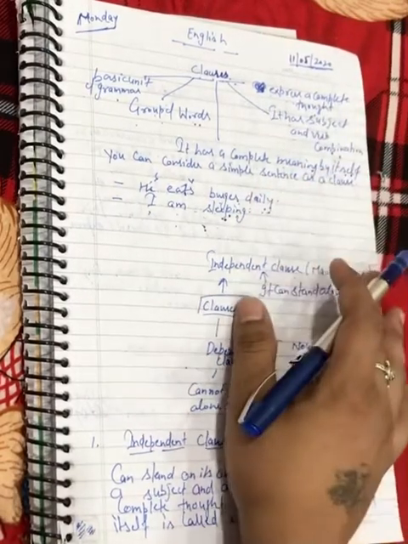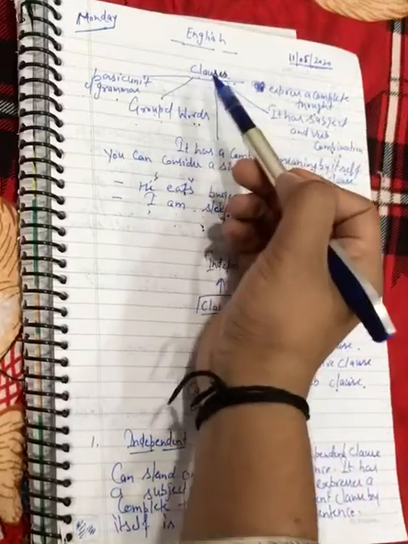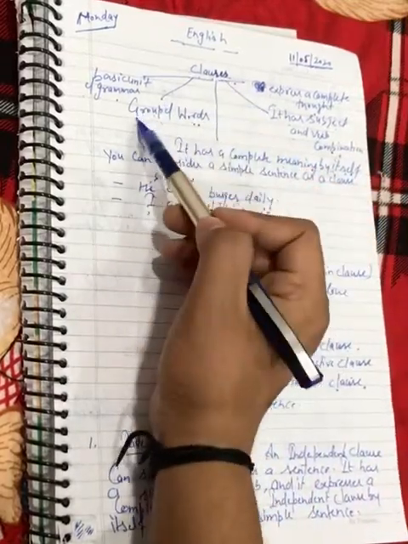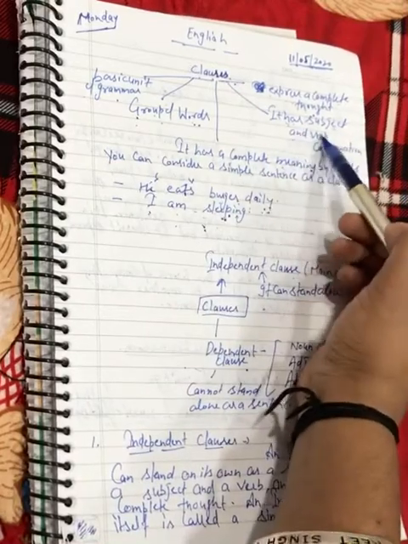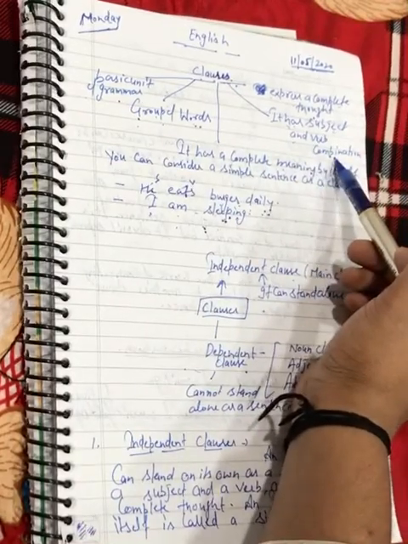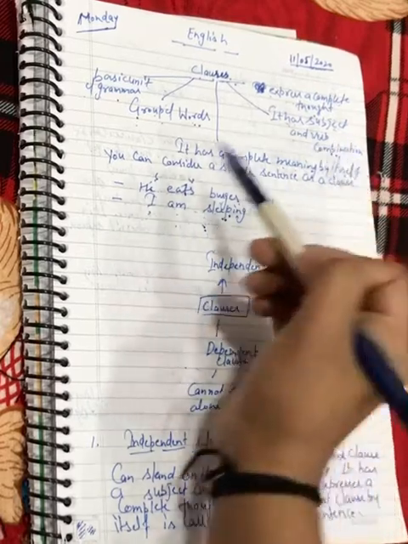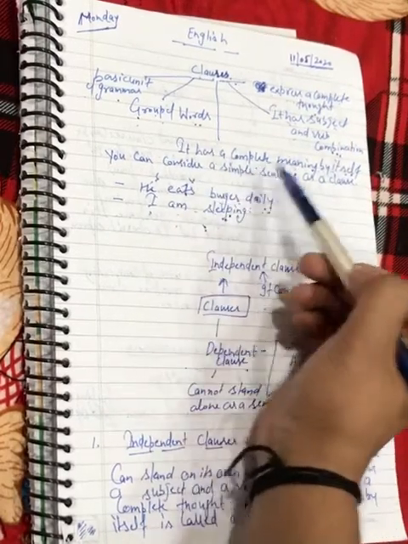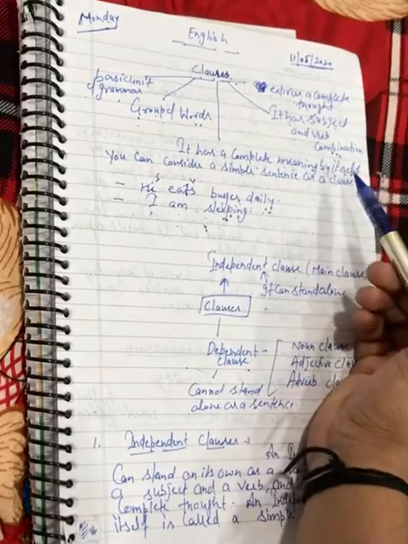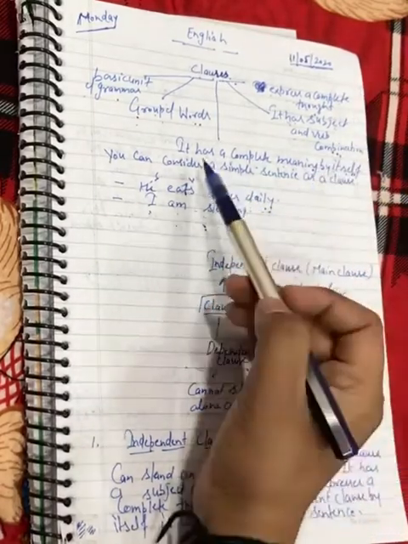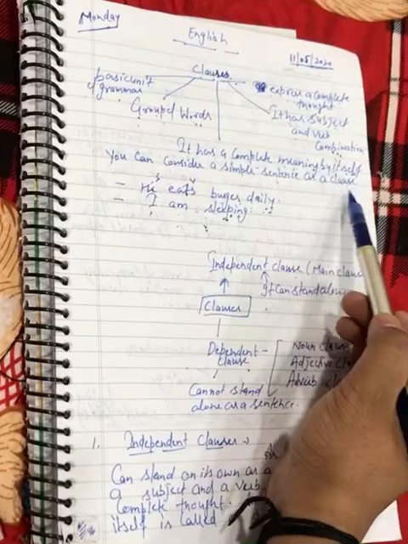Again, a clause is a group of words with a subject and verb combination, and it has a complete meaning by itself. So that's why you can consider a simple sentence as a clause.